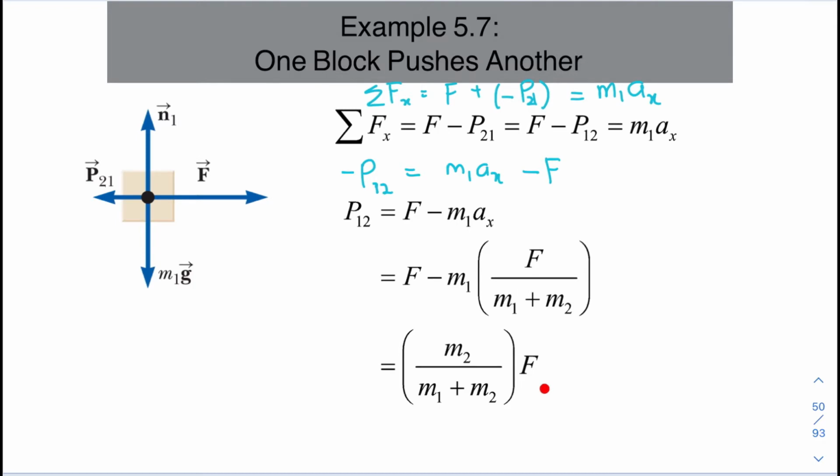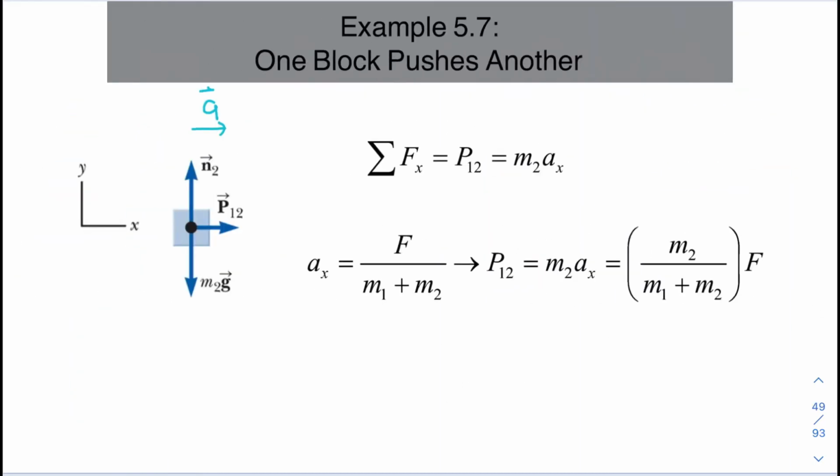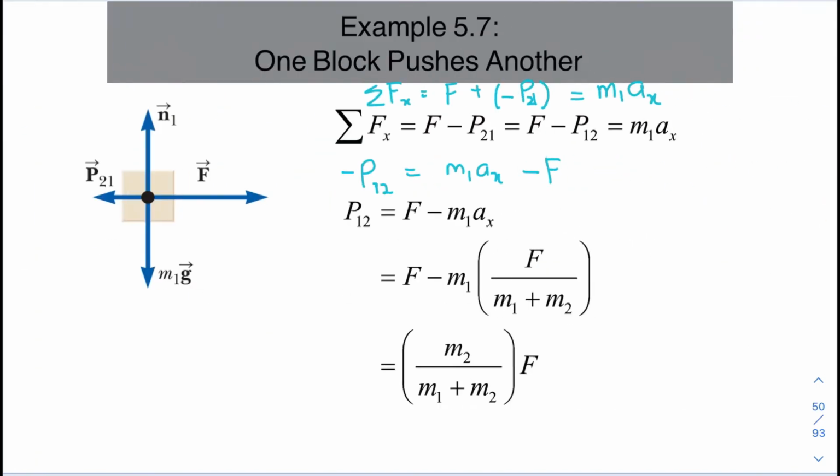Then you have this as your P12. Actually, it's the same, isn't it? It doesn't matter whether you use object 1 or object 2; you will get the same answer for P12. This is proof that the magnitude of P12 is the same as the magnitude of P21.